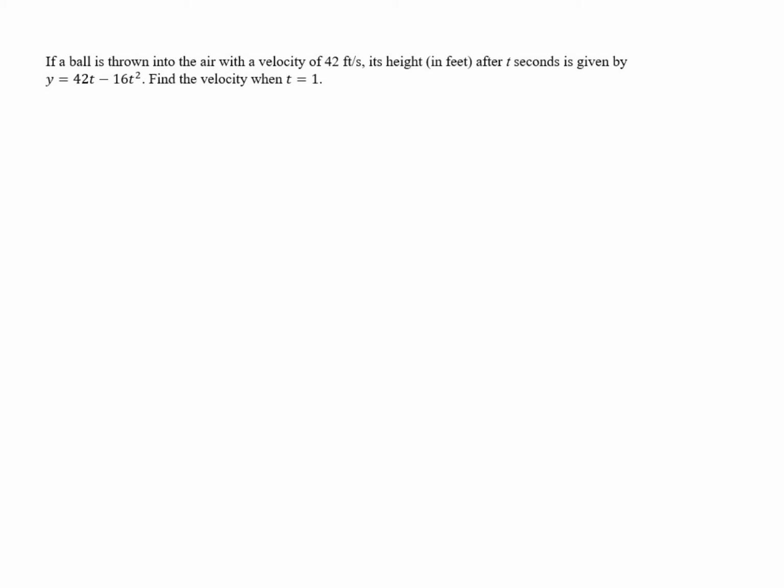We know that we can use limits to figure out the instantaneous velocity. We want the velocity at time 1, and so this is going to be the limit as t approaches 1 of the difference in position functions, so that'll be y at time t minus y at time 1 over t minus 1.